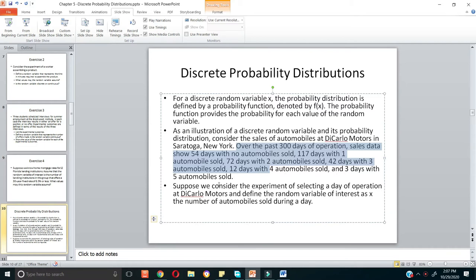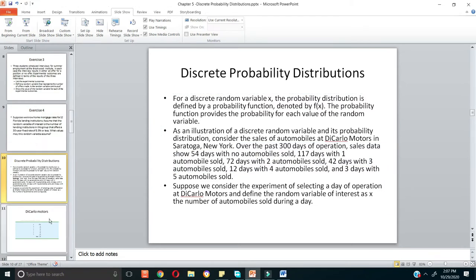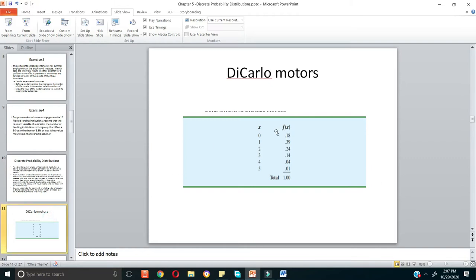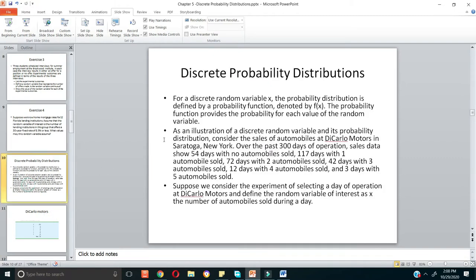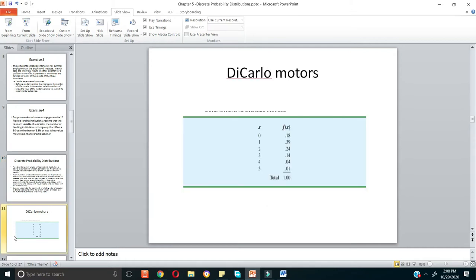If you're considering the experiment of selecting a day of operations at DiCarlo Motors, and you define a random variable x of interest to determine the number of automobiles that would be sold in a day, then from our data, if you convert this data into a frequency table and compute the probabilities, we come up with this table where x is the number of cars sold.